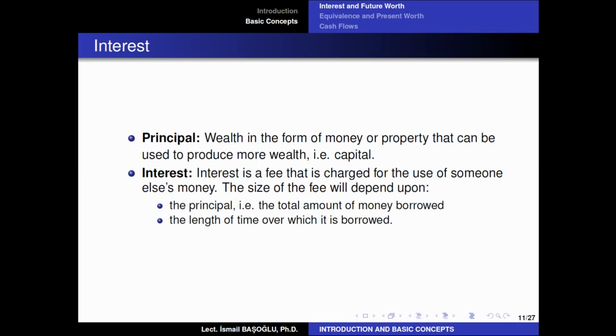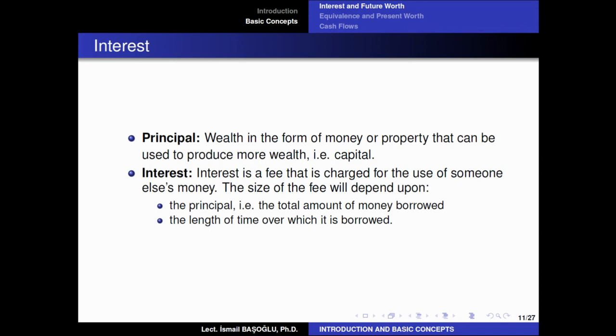So if you are lending me some money for some amount of time, I need to pay you not just the initial amount that I have borrowed. I need to pay you also the cost of renting that money.